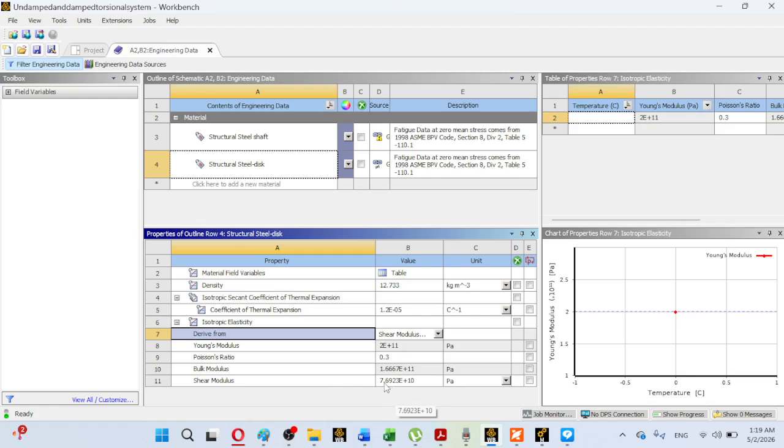You can use the default value, 7.6923 times 10 raised to the power 10. This is the value for capital G.